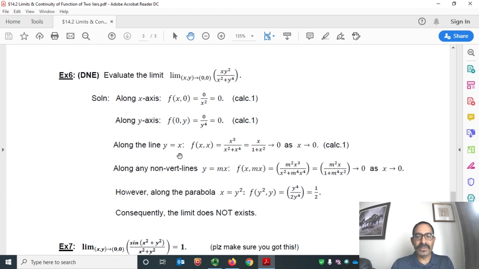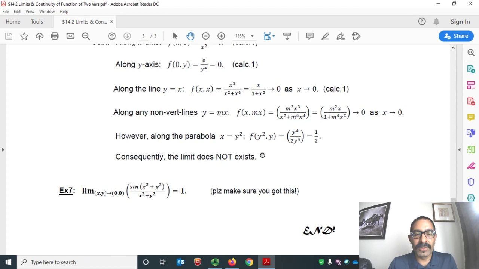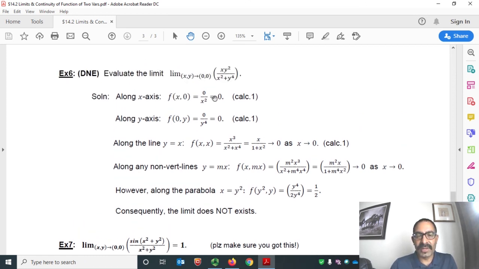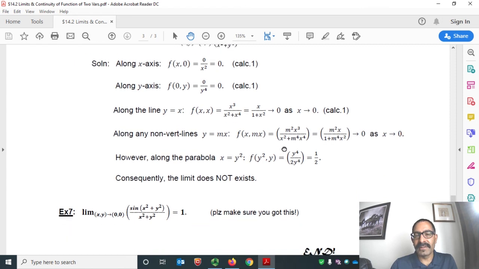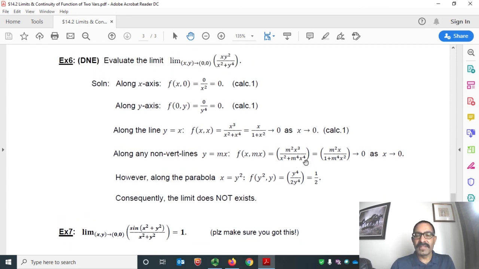Along the line y equals x, put y equals x. Simplify. Then as x goes to 0, this function also goes to 0. Along non-vertical lines, y equals mx, put y equals mx here. Then simplify. Take x goes to 0.